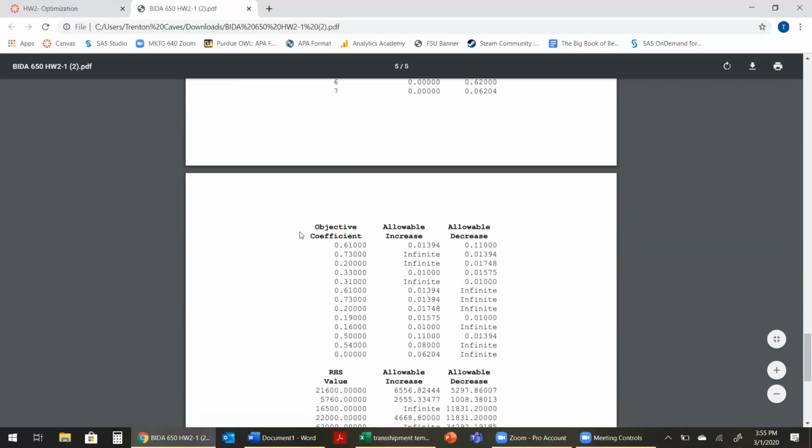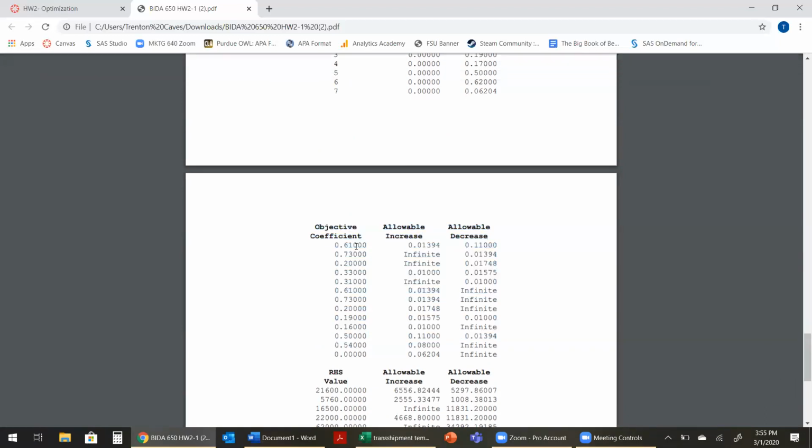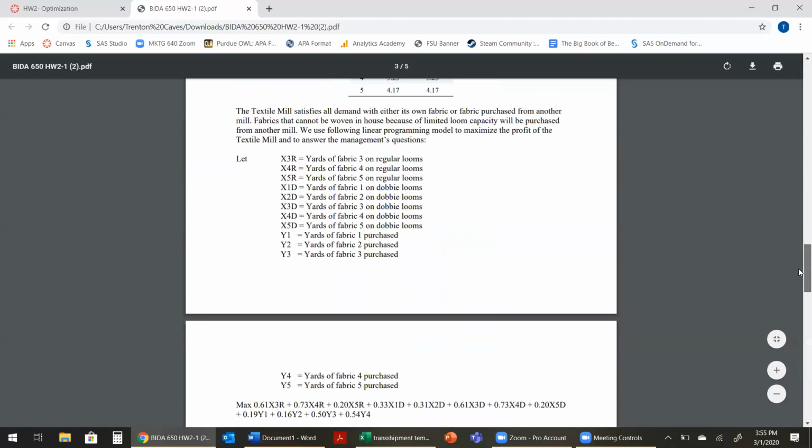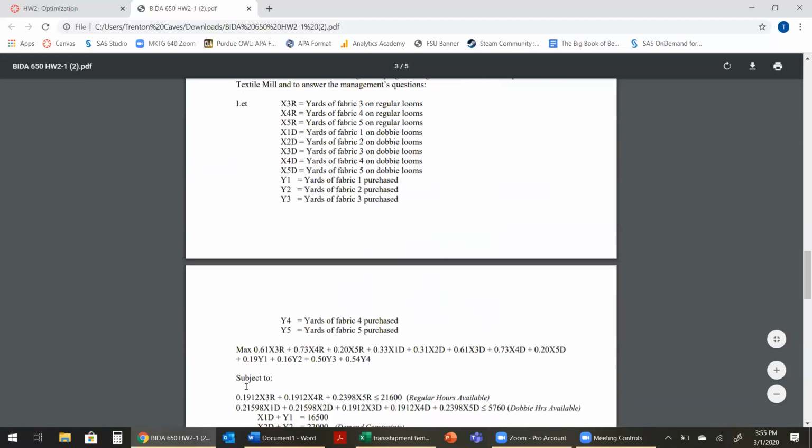So the next section, the objective coefficient, allowable increase and decrease. This tells us how much our amounts can change, how much variability we have in our coefficients. And these correspond with our objective function coefficients.